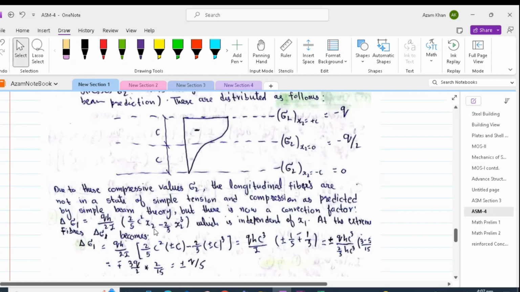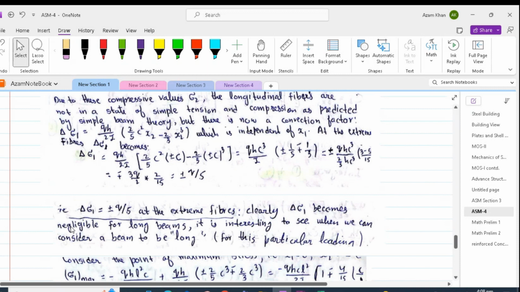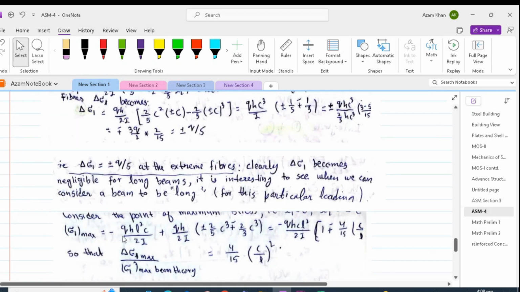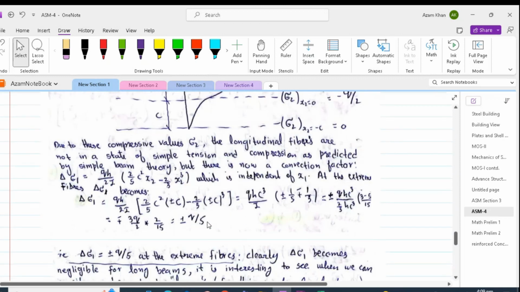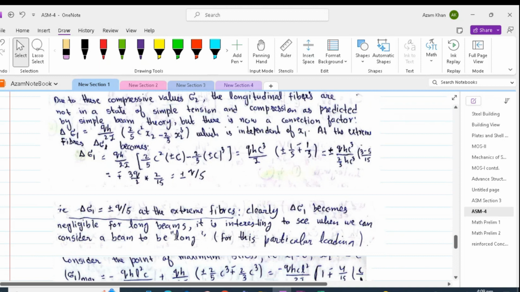It will be interesting to find out at what length delta sigma 1 becomes effective. So for that, we can work out the maximum delta sigma 1 and divide it by sigma 1 max. Sigma 1, as we know, has two terms. We find the maximum correction factor and divide it by sigma 1 having both the terms, and we find the maximum of that ratio.